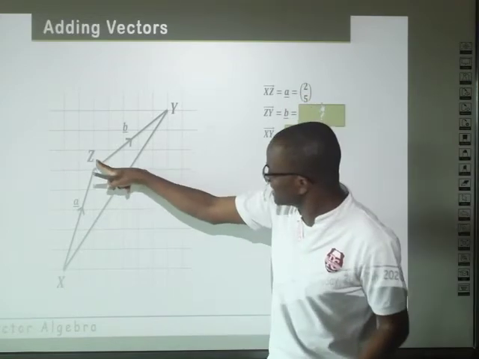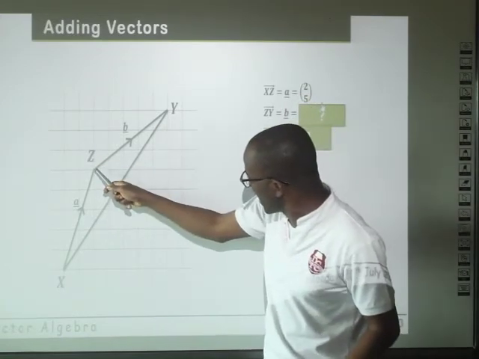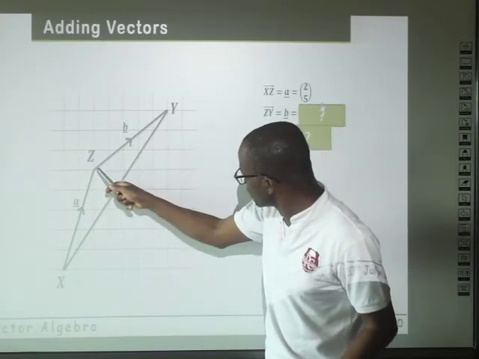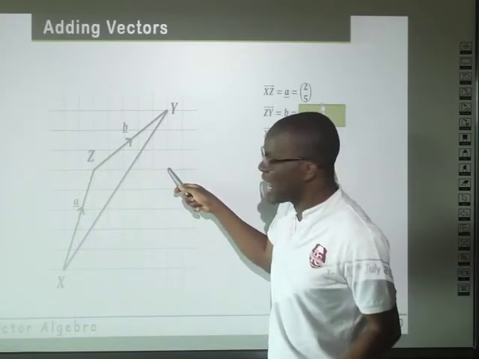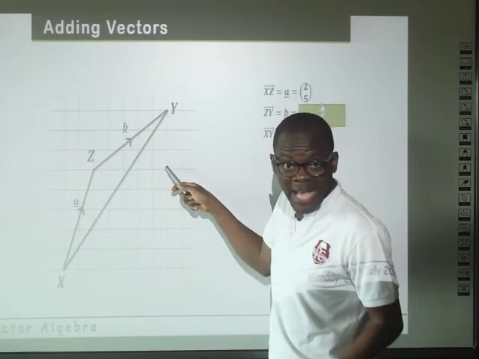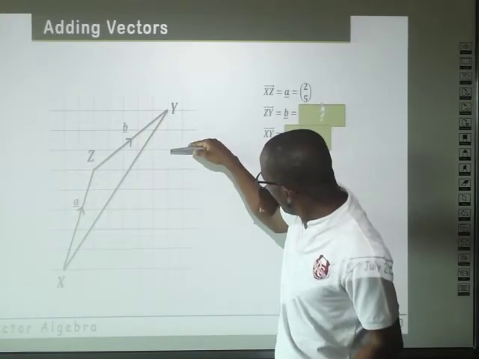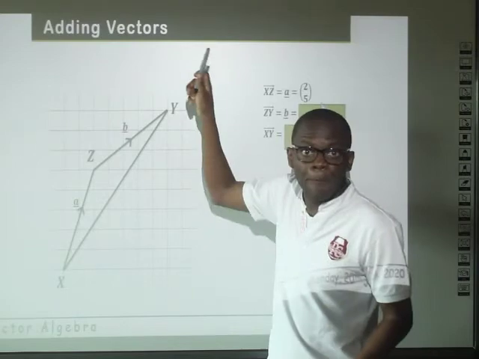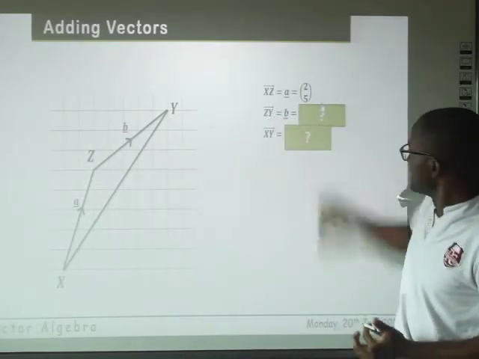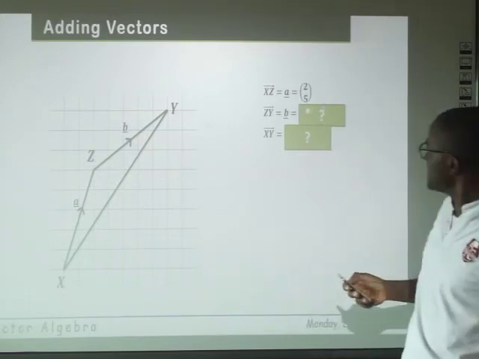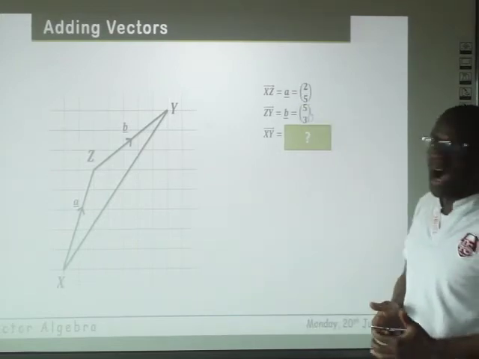How about the vector zy? Again, you start from there. To get there, you have to go 1, 2, 3, 4, 5 to the right along the x-axis, and 1, 2, 3 up along the y-axis. So the vector B in component form will be 5 and 3.